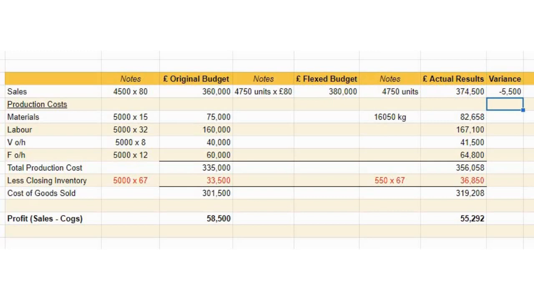As it happens, it's a negative figure, but that doesn't necessarily mean that it's adverse or favourable. More profit is favourable, less profit is adverse. So in comparison to the flex budget, we received 5,500 less than we would have expected, and that is what makes the variance adverse. And notice that's the total variance.